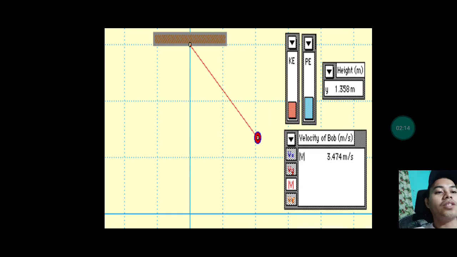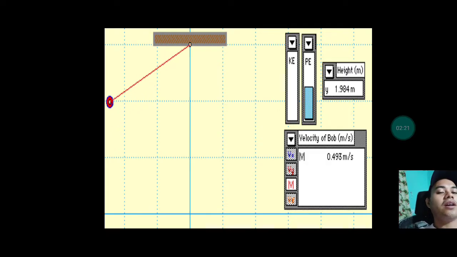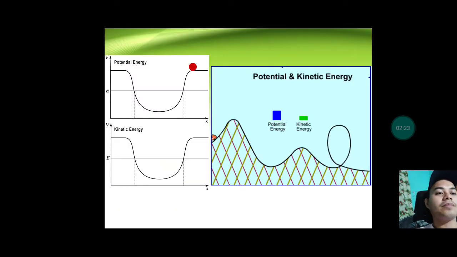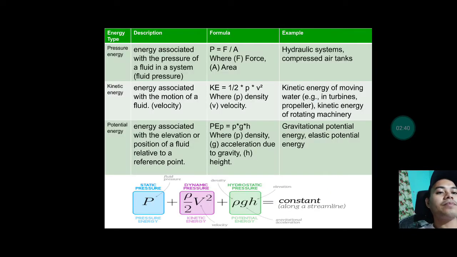And then when it swings back downwards to the left or to the right, it moves, and there is an increase of kinetic energy. Okay, dito naman, roller coaster ride, pag nandun ka sa tuktok, tumataas yung potential kasi nagsa-stop ka dun sa tuktok, and then pag bumagsak ka ulit, nagmo-move ka, nagkakaroon tayo ng kinetic energy.